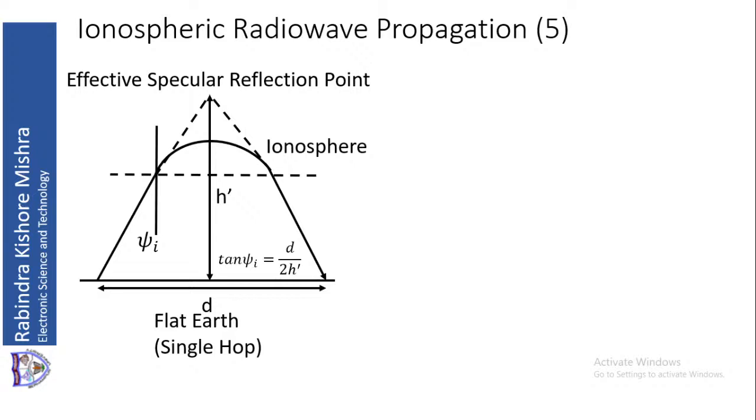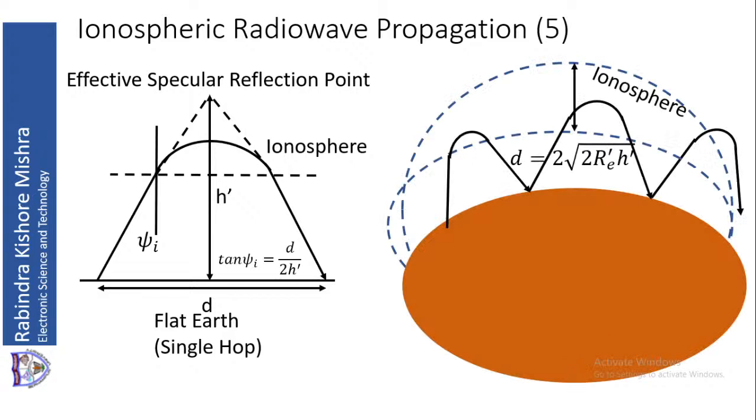Then we can also have a curved earth model, or regular earth model, where multiple hops are possible because of the earth's curvature. When we consider the curvature of the earth, you can see that there is a possibility of multiple hops.